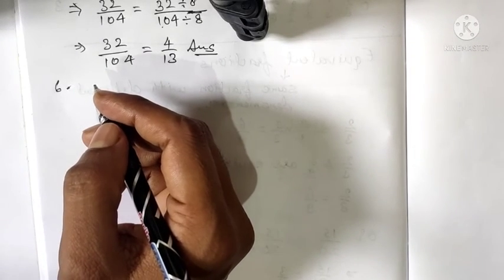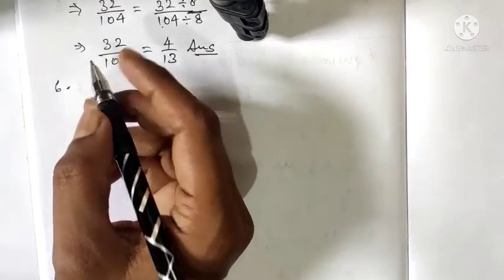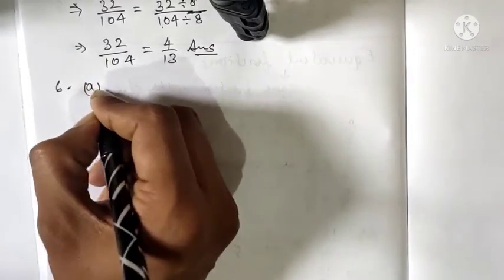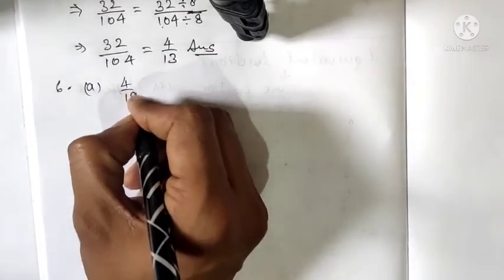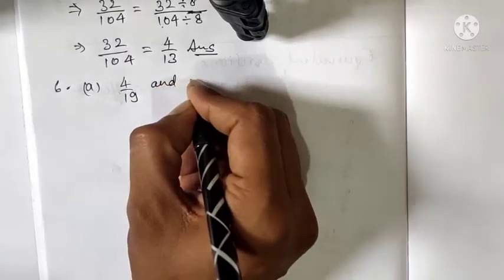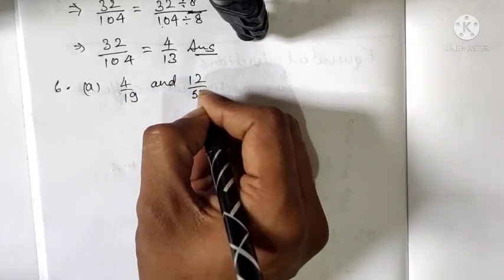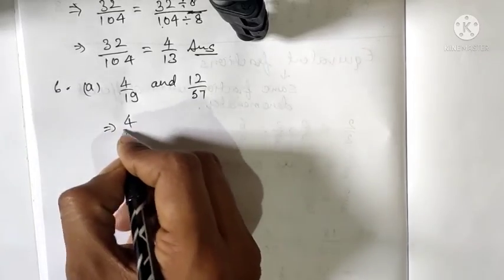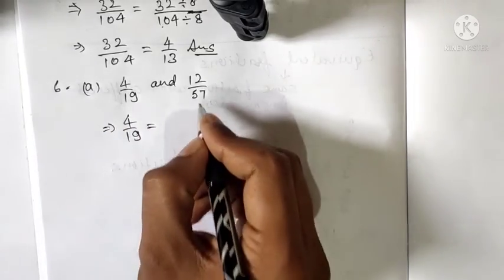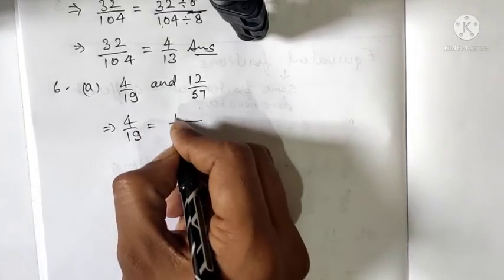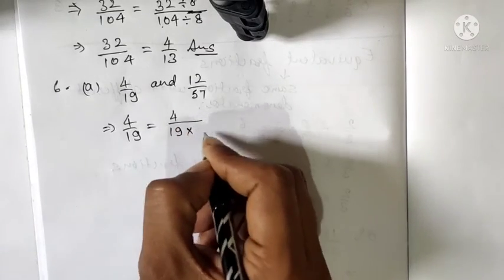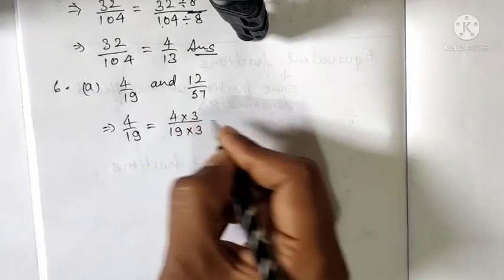Question number 6 is which of the following pairs of fractions are not equivalent fractions? And A of 6 is 4 by 19 and 12 by 57. You know that 19 into 3 is 57, so we are going to multiply 4 by 19 by 3 by 3, is equal to 12 by 57.